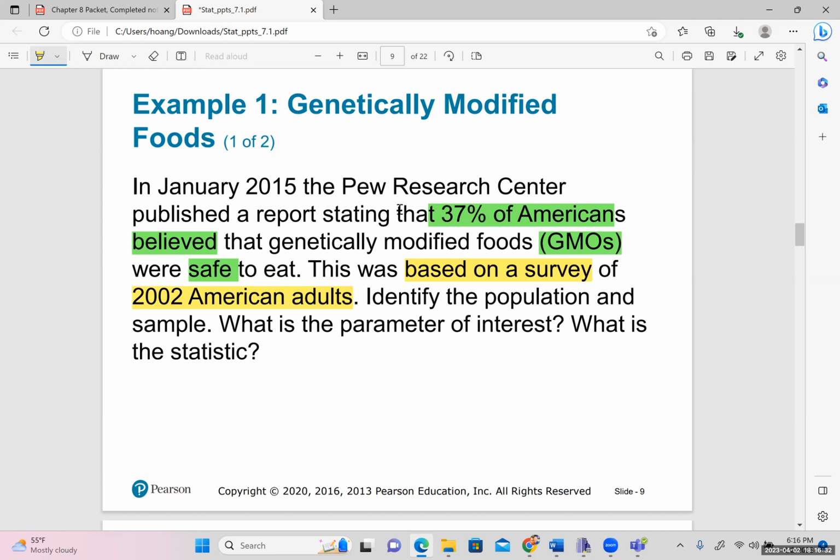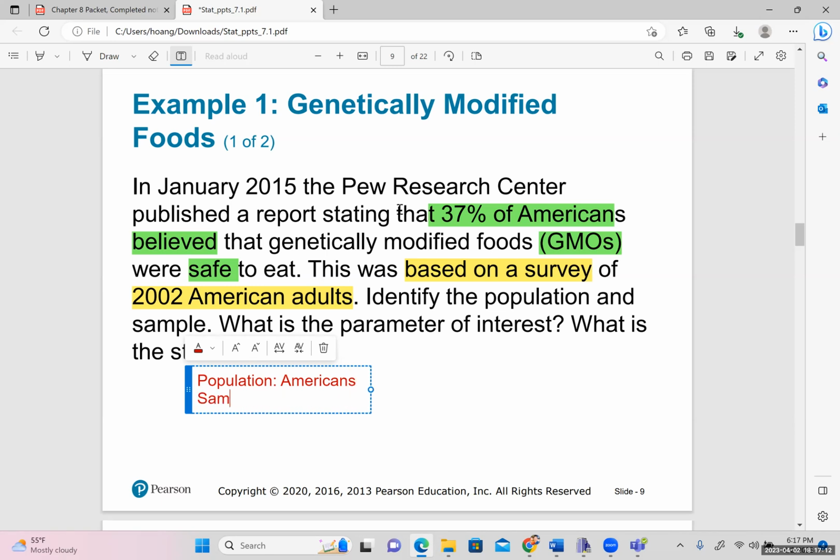After that, they estimated the percent of all Americans who believed GMOs were safe. So we're going to identify the population and sample. The population here should be American adults, or Americans. That's enough.